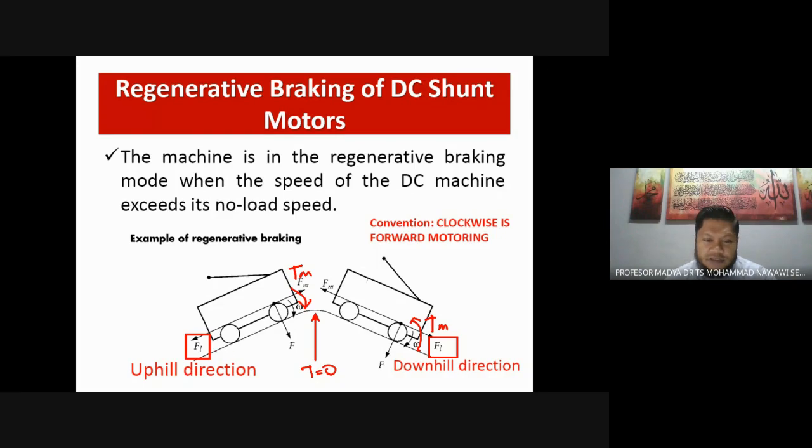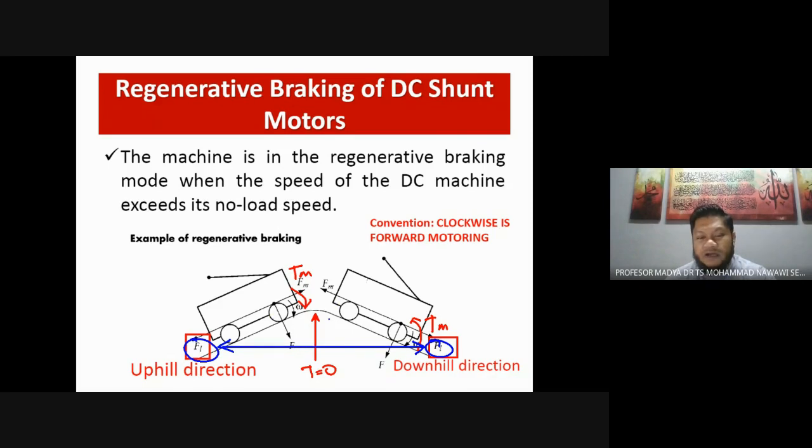Here you have two conditions. Your force can go to the left-hand side, the downhill direction, or the uphill direction. This is the one that changed.